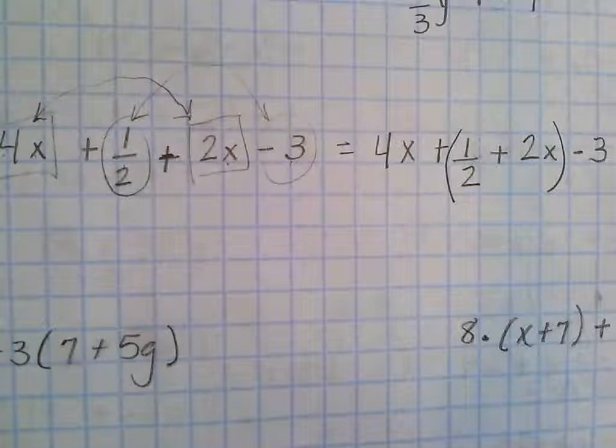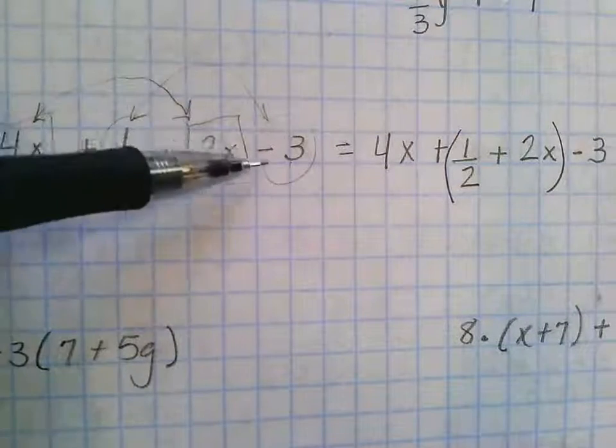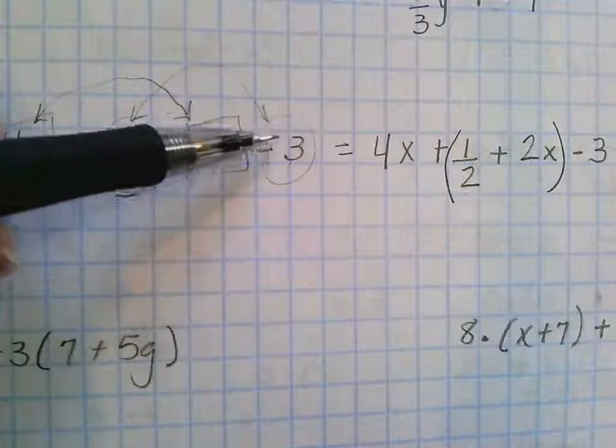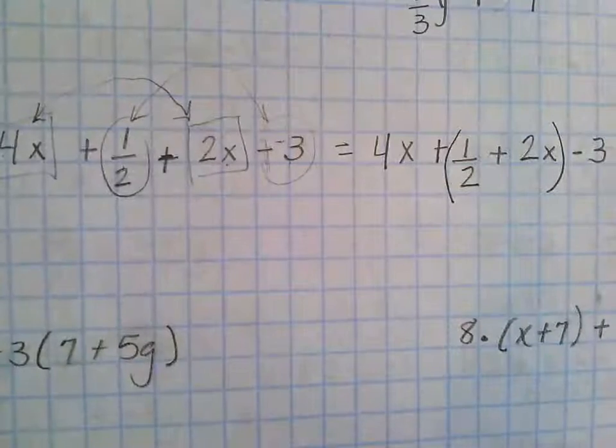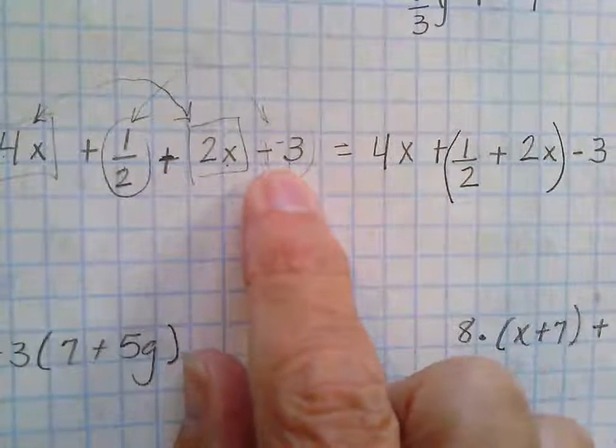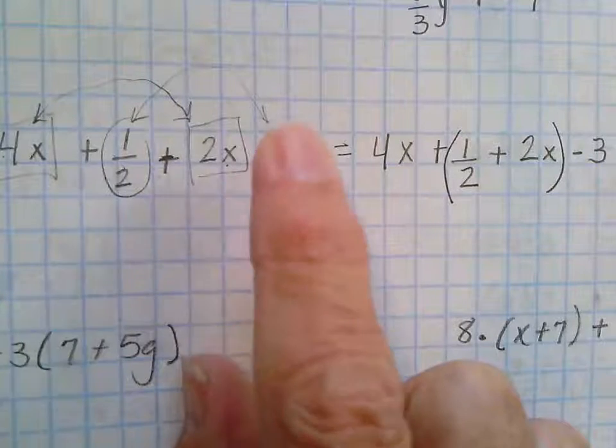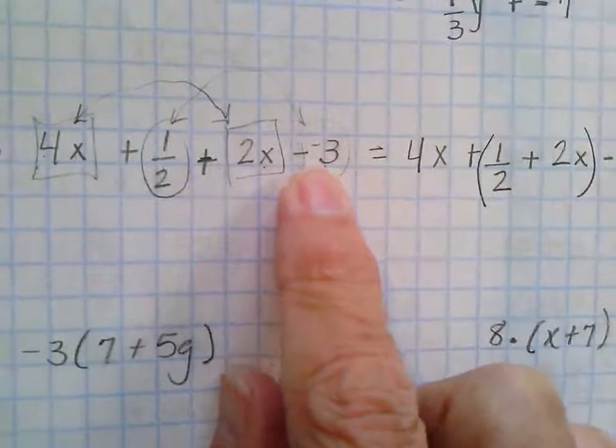If you want to use the commutative property, you do have to change this to a plus and this to a minus, because commutative property only works with problems that show addition.